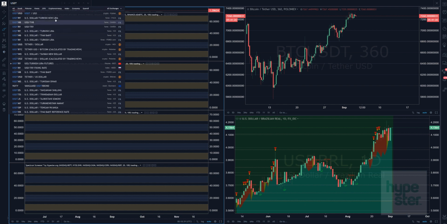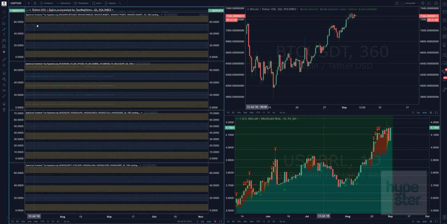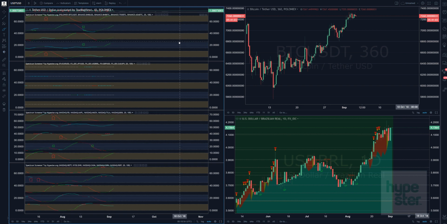Another thing that's important to tell you guys is that the screener you always want to run on those assets, okay? USDT, USD, any of them. Why? Because there's a bug on the TradingView platform. I already told them, but literally this chart is interfering with the studies.